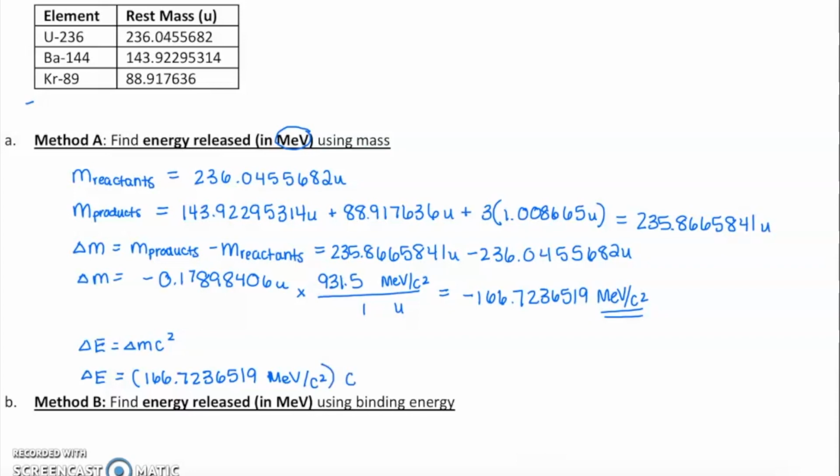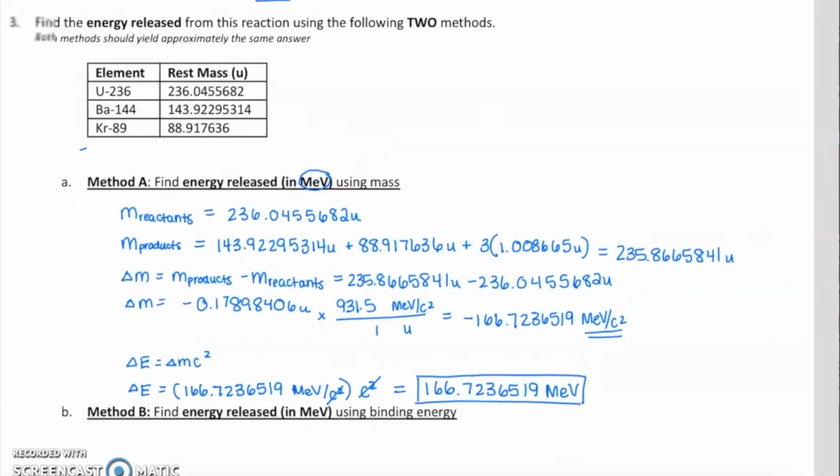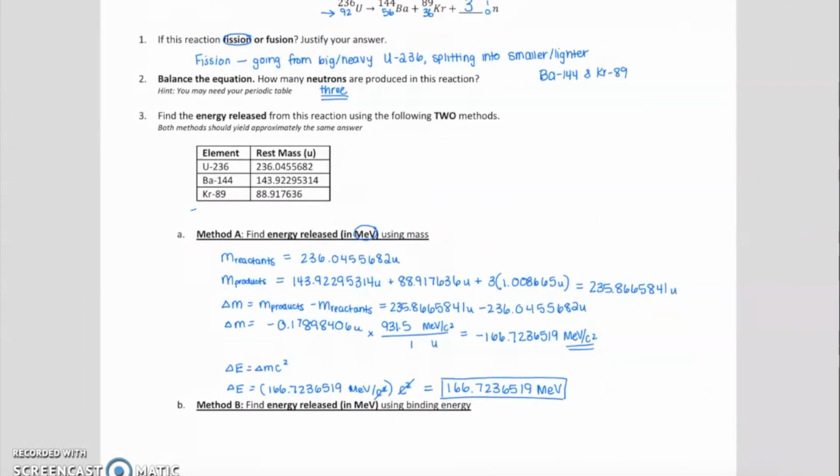So for that reason, I'm not going to plug in values for c and square them because it will simply cancel with my units. So I get a released energy of 166 and a bunch of decimals, mega electron volts. This is how much energy would be released in one of these uranium reactions.